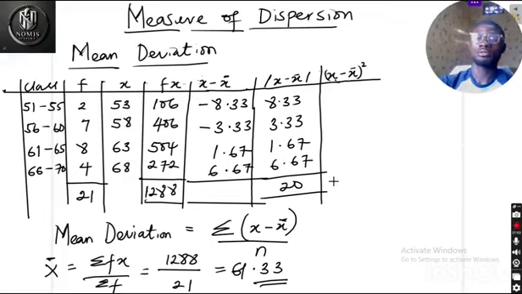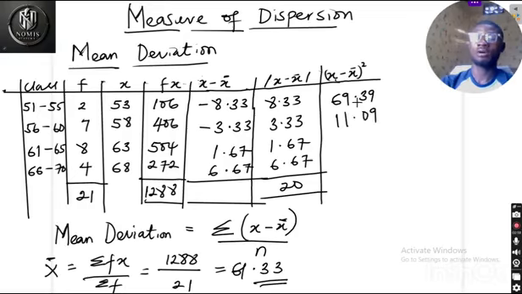All we're going to do now is 8.33 squared, that is 8.33 times 8.33. So we have 69.39. Then we have 3.33 multiplied by 3.33, so that is 11.09.